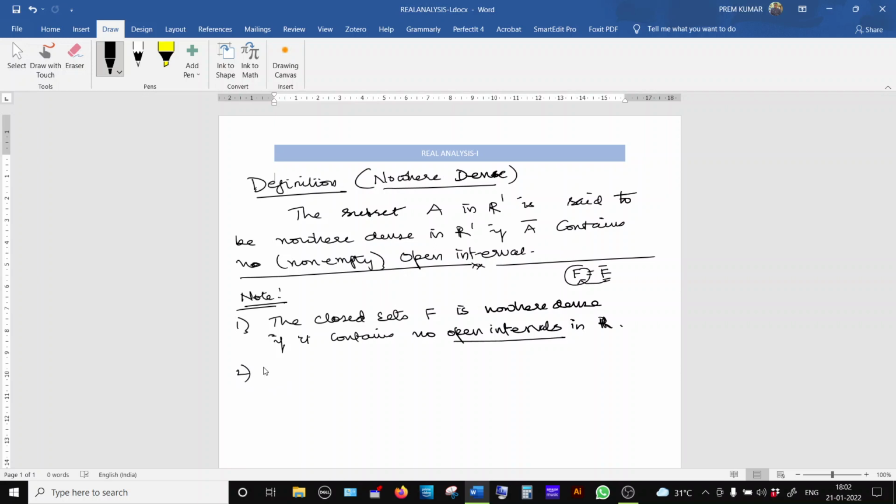Next, the set of all positive integers is nowhere dense in R. Why is it nowhere dense in R?